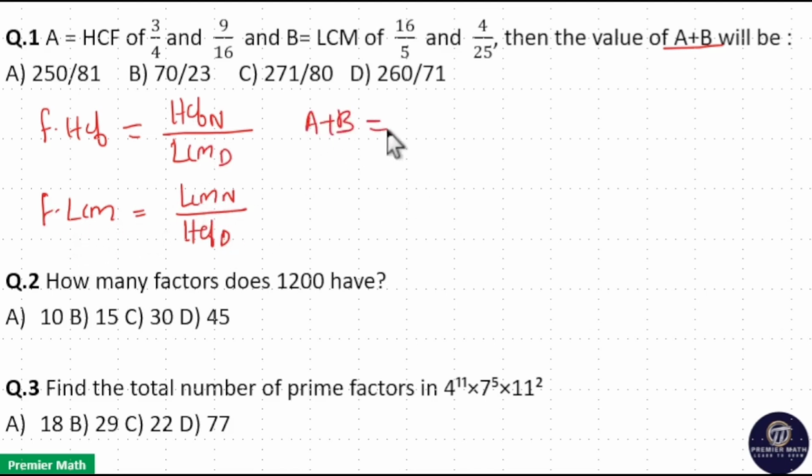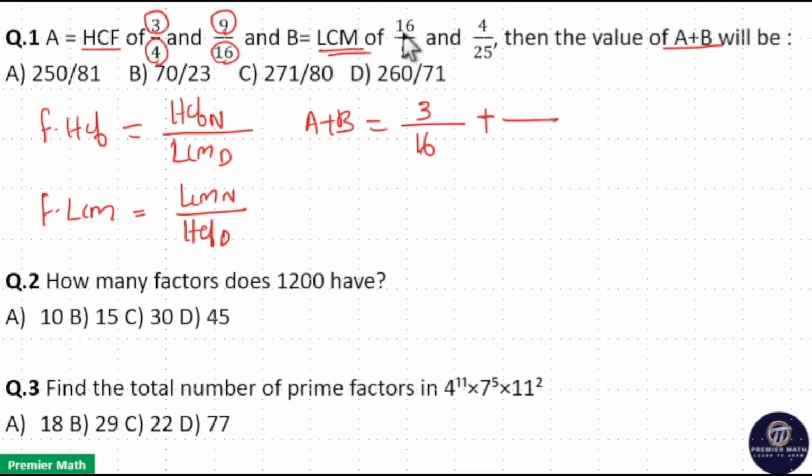Now A plus B is equal to, here A means HCF of these two fractions. So write the HCF of numerators, that is HCF of 3 and 9 is equal to 3 in the numerator, and write the LCM of 4 and 16. LCM of 4 and 16 is equal to 16 itself. And here B is equal to LCM of these two fractions.